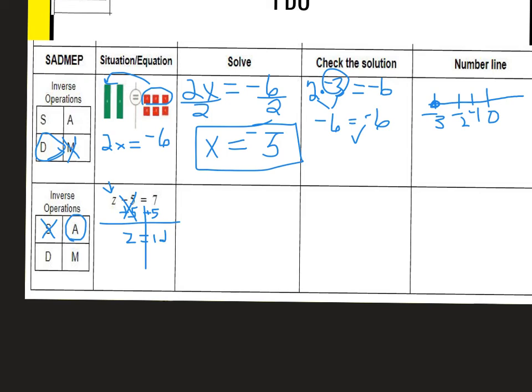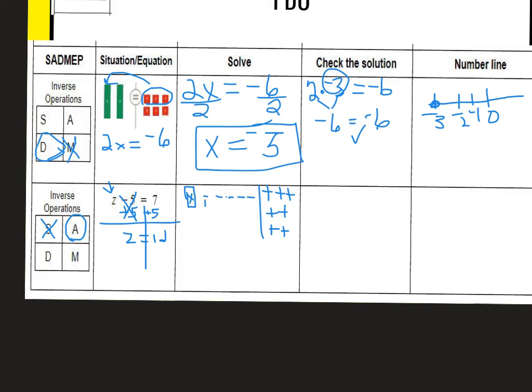We could have solved this with pictures as well, where we had our variable of x, and we had negative 5, so I'm putting 5 negatives. And on the other side, I had 7 positives. How do I get rid of those 0 pairs?